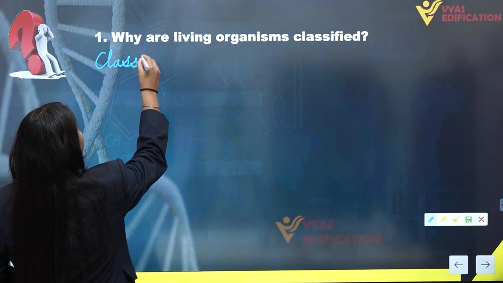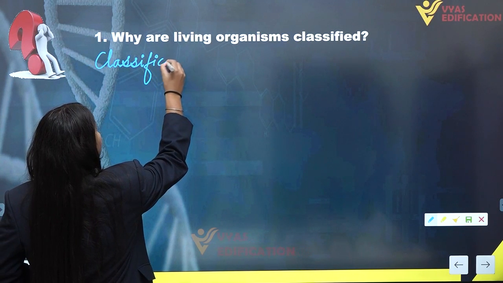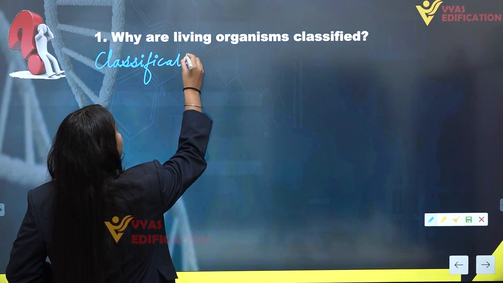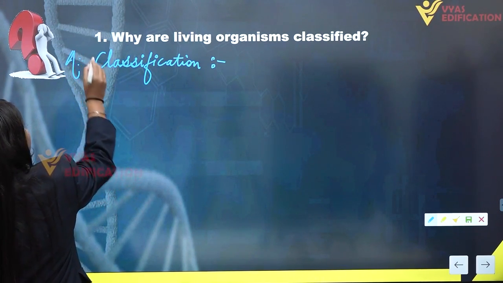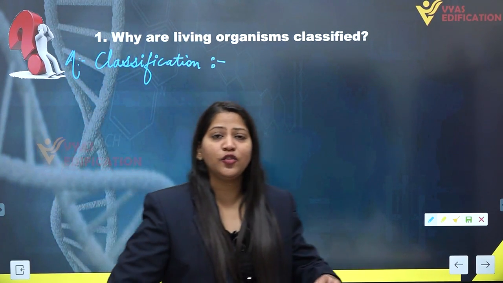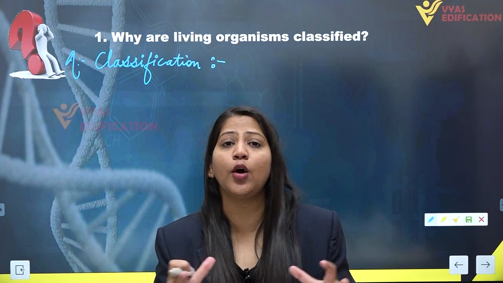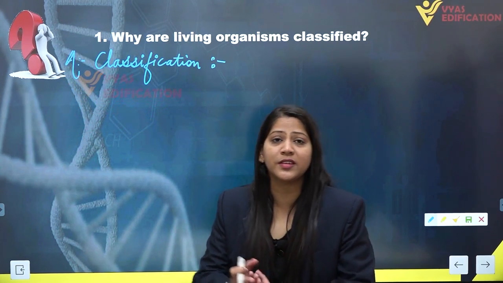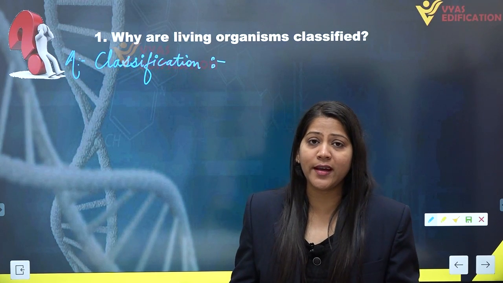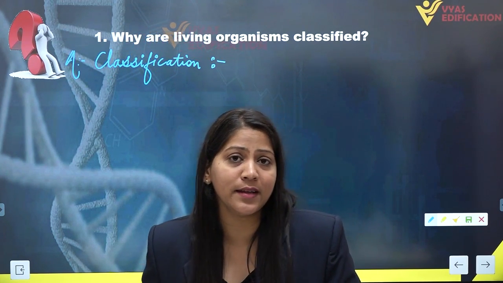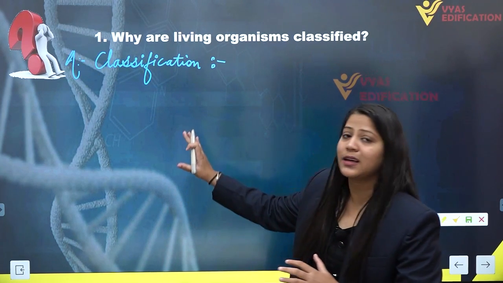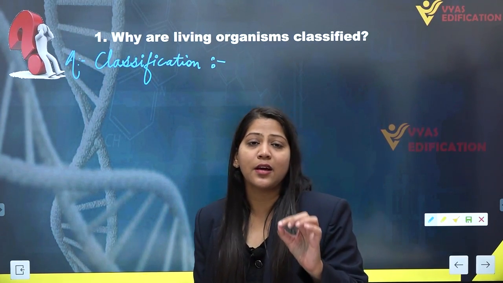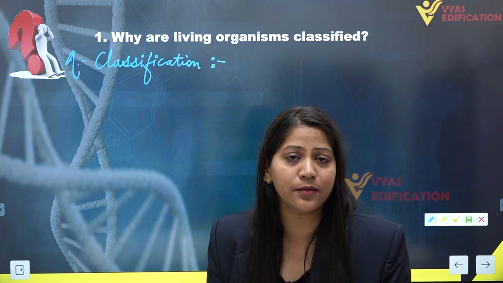You all know the basic definition of classification, that classification is actually a whole set of system which includes different processes. The basic process included in the classification system is that we characterize any organism first.